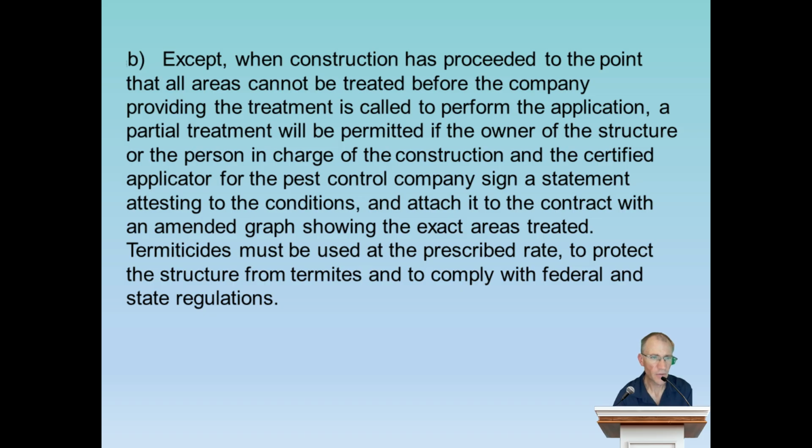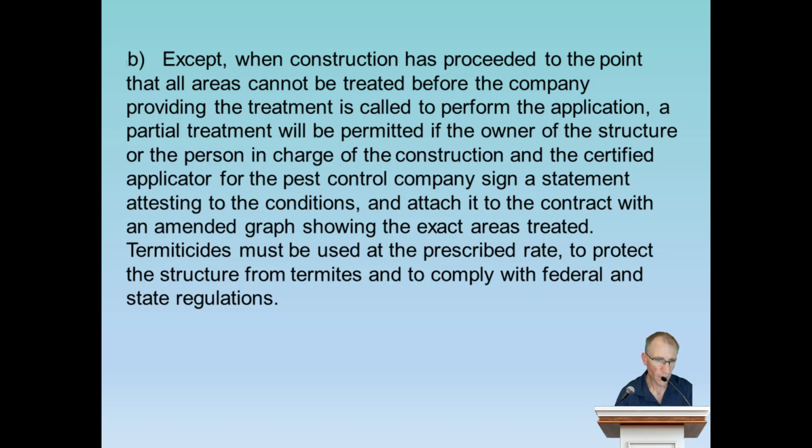B. Except when construction has proceeded to the point that all areas cannot be treated before the company providing treatment is called to perform the application, a partial treatment will be permitted if the owner of the structure or the person in charge of the construction and the certified applicator for the pest control company sign a statement attesting to the conditions and attach it to the contract with an amended graph showing the exact areas treated.